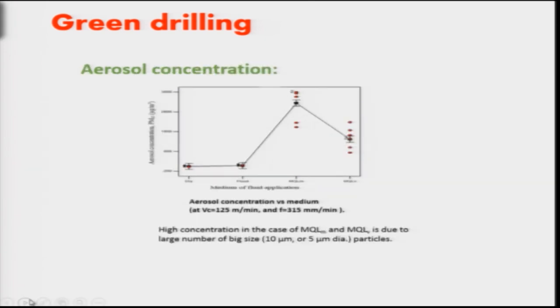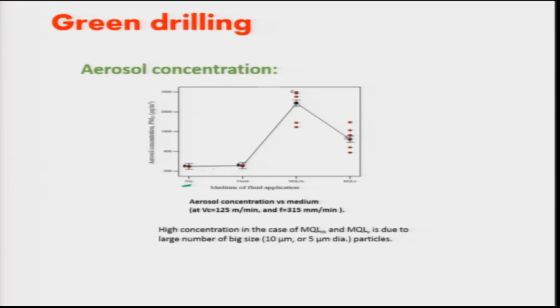And aerosol concentration, we can see that for dry it is too low because no fluid is there, it is completely dry, only small dust particles or small scrap are recorded here.